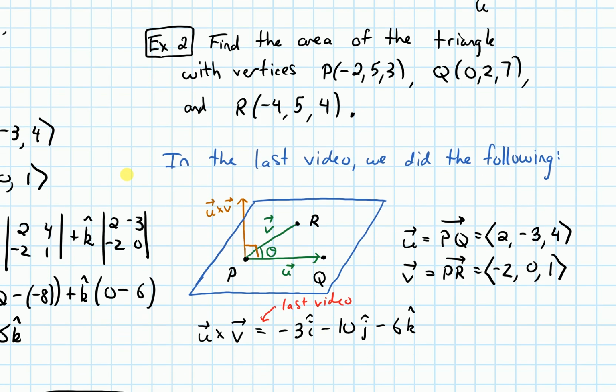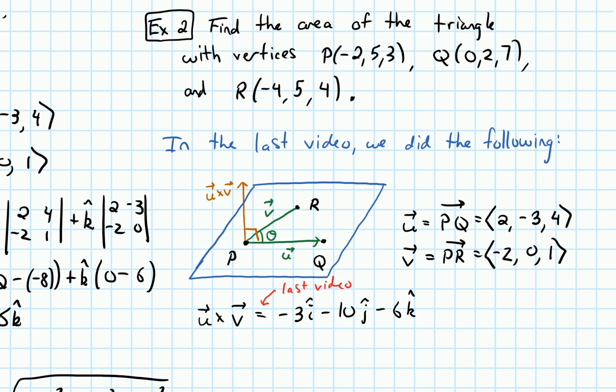We took these vertices and we found these vectors u and v, where u we let be in the direction from P to Q. And then v was the vector that went from P to R. And we also took the cross product of u and v, and we got -3i hat, -10j hat, -6k hat. So all of this came from the last video.